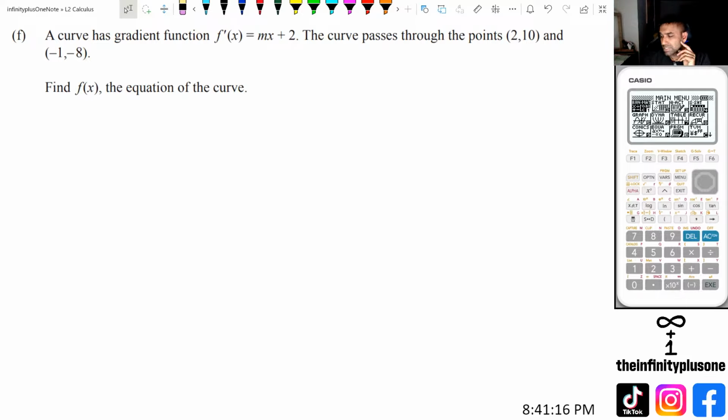It's funny, they always have the standard achieved questions which just give you an equation, find the value of C and find the equation. They always do that. 2022 was an annoying paper.